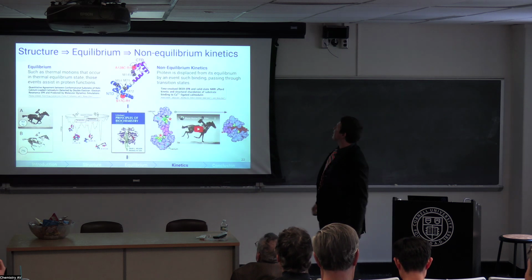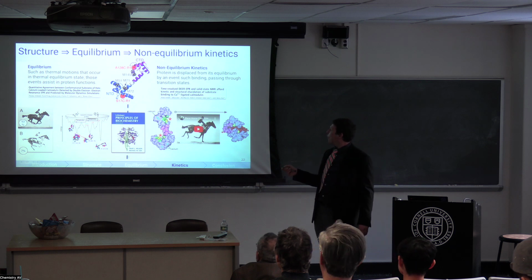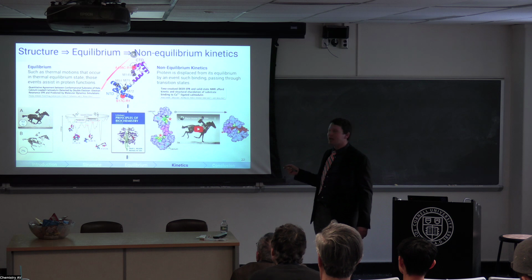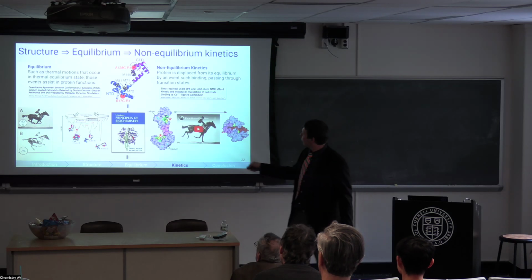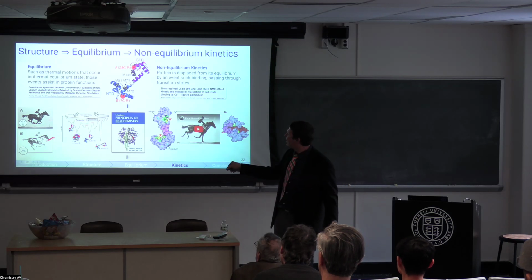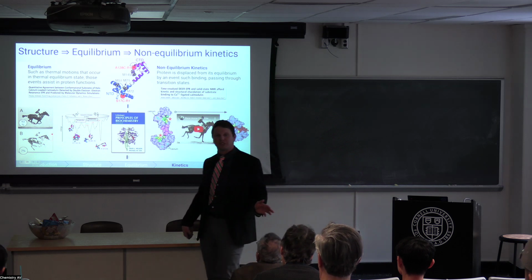Now, in this case, we first want to just separate. We have equilibrium conditions where we have, for example, calmodulin in a funnel, and I can assume multiple structures. When I look at those funnels, I take snapshots of individual calmodulin, how they look. However, I do not know how they arrange with each other.